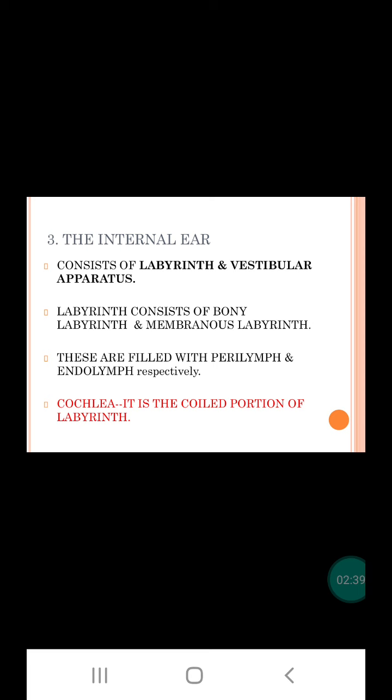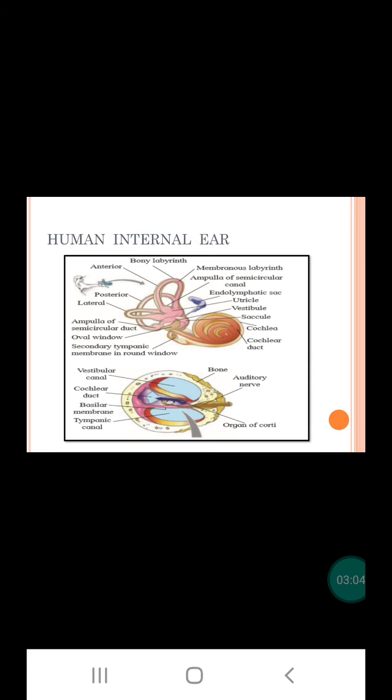The internal ear consists of the labyrinth and vestibular apparatus. The labyrinth consists of the bony labyrinth and membranous labyrinth, and these are filled with perilymph and endolymph respectively. Now the cochlea is the coiled portion of the labyrinth.